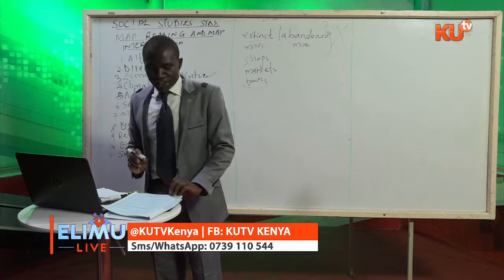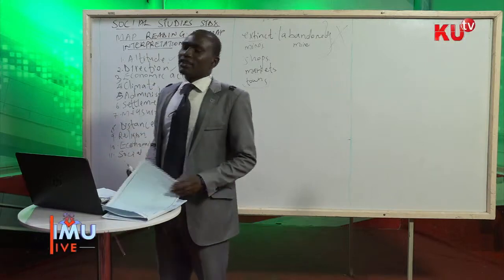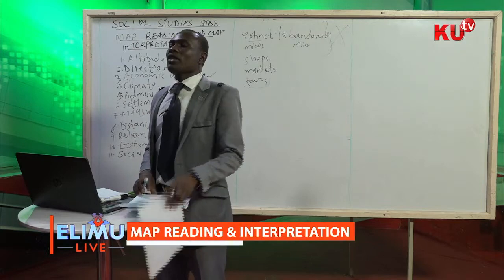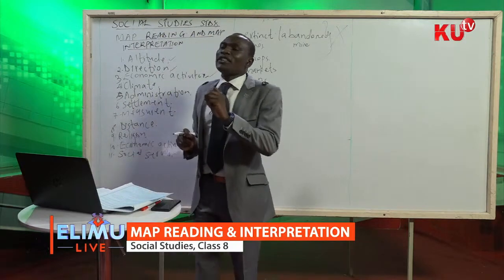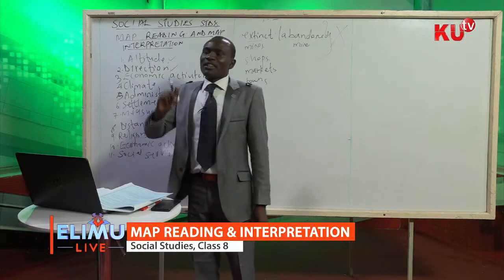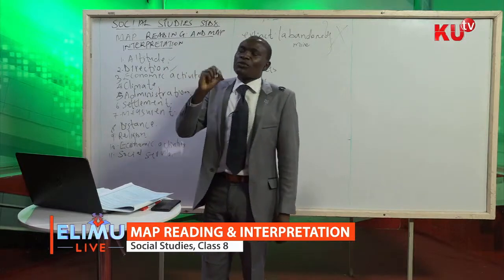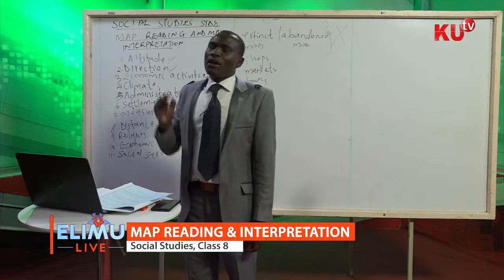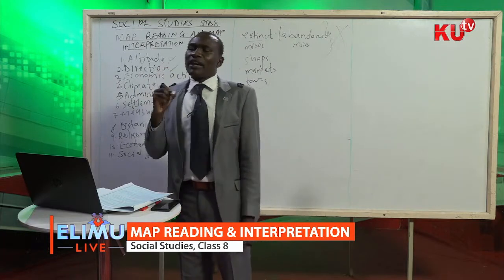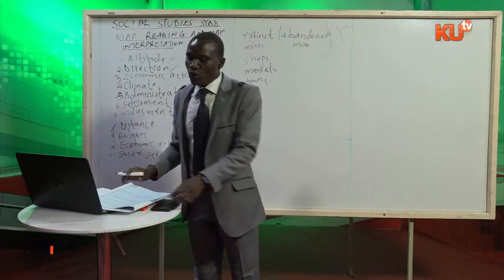Transport and communication is also an area that is most commonly examined. In this area, the examiner will test you to, one, tell the main means of transport in that area. Two, for example, if it is a railway, what is it supposed to transport?